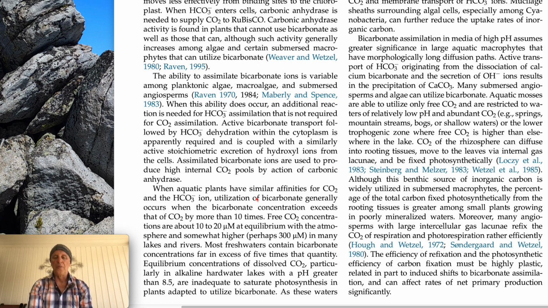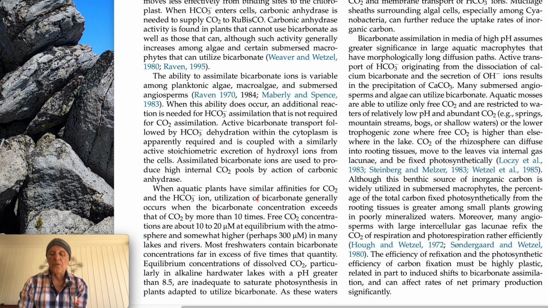CO2 of the rhizosphere can diffuse into rooting tissues, move to the leaves via internal gas lacunae, and be fixed photosynthetically. Although this benthic source of inorganic carbon is widely utilized in submerged macrophytes, the percentage of the total carbon fixed photosynthetically from the rooting tissues is greater among small plants growing in poorly mineralized water.